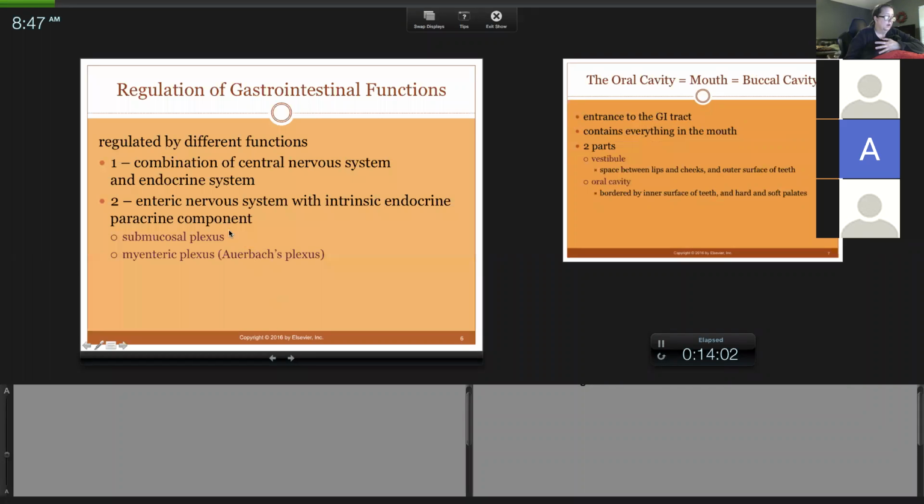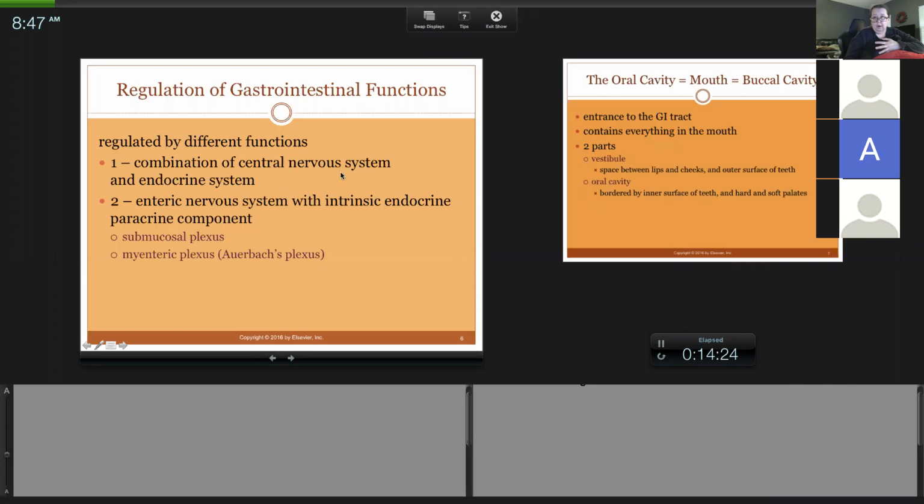Okay. Now, GI function, because this is smooth muscle, is going to be under what we say unconscious control. But there's two things that control GI function. Number one, the central nervous system, which is the autonomic system.